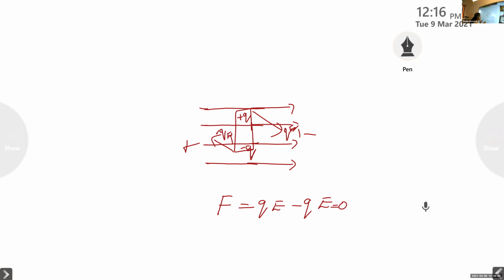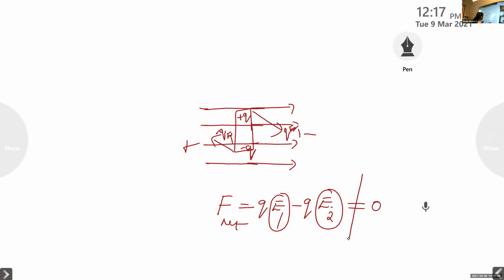Then what about the net force acting here? It becomes QE1 minus QE2. Can we say it is 0? Because here the electric field varies. The value of E1 and the electric field E2 also vary. So we cannot say the net force is equal to 0.